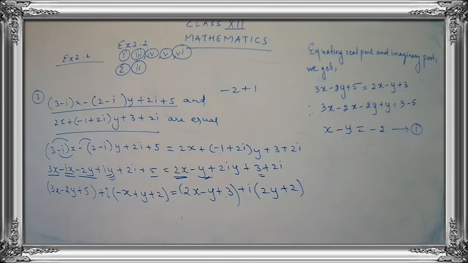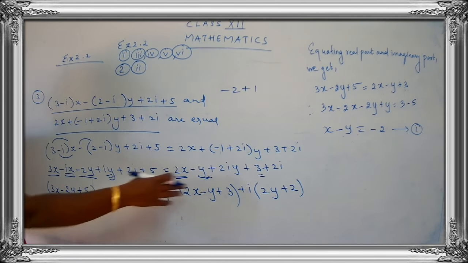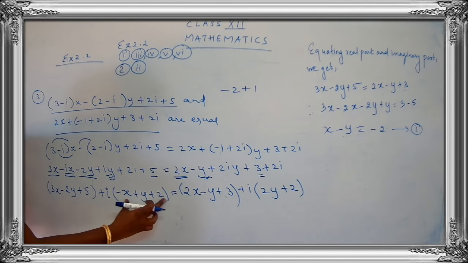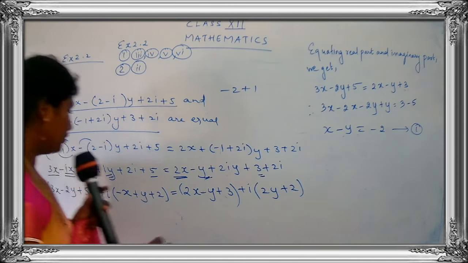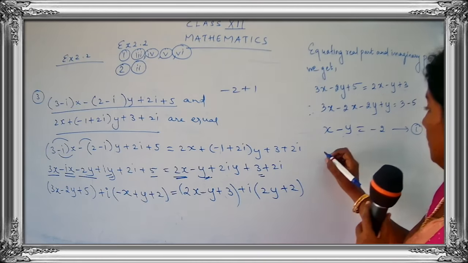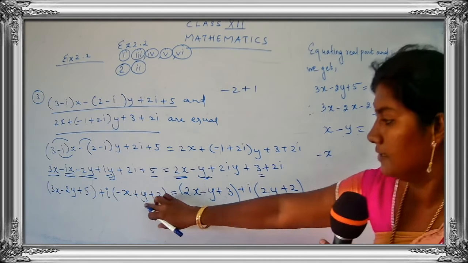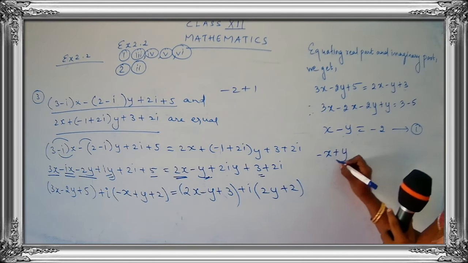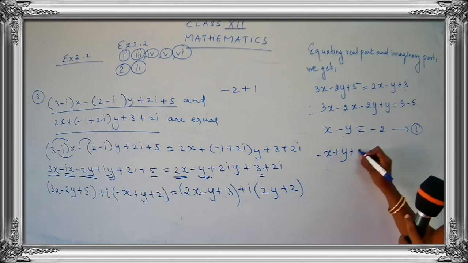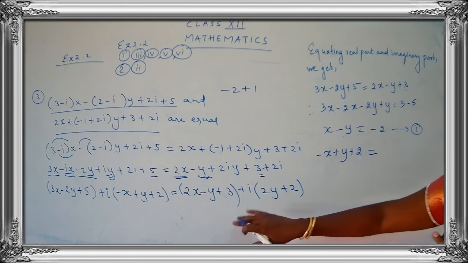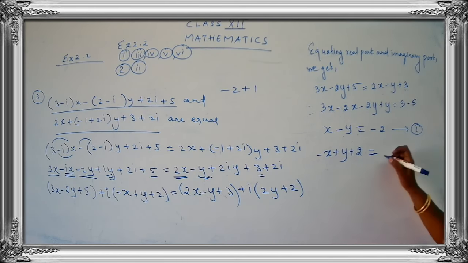So we have equated the real part. Now we are going to equate the imaginary part. So don't take i, because i and i will get cancelled because they are the same. Yes, children? So take the number which is inside. So what do you get here? Minus x plus y plus 2 is equal to, what is the imaginary part this side? 2y plus 2.